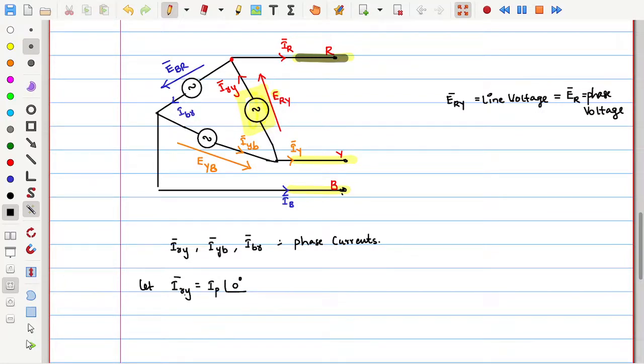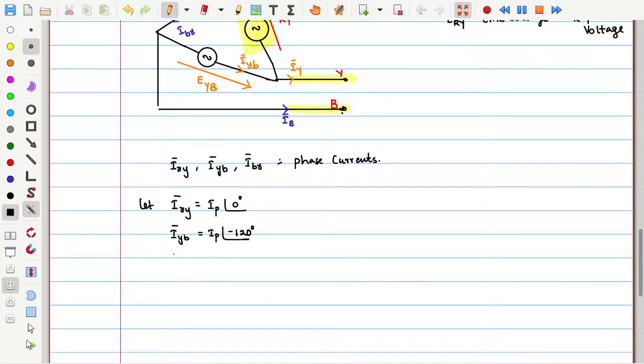Then once we know one of the phase currents, we can write all the other phase currents like this. iYB is equal to IP at an angle of minus 120, and iBR is equal to IP, the phase current magnitude, at an angle of minus 240 or plus 120. So these are the individual phase currents of the generator. Once we know these phase currents, we can derive the line currents.